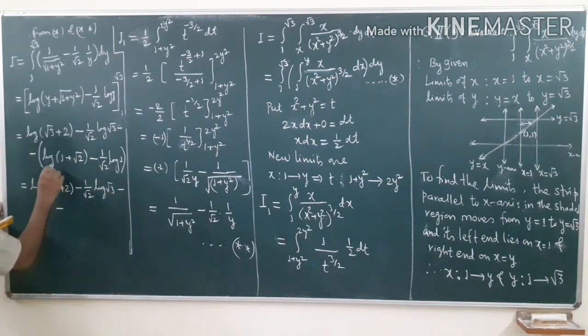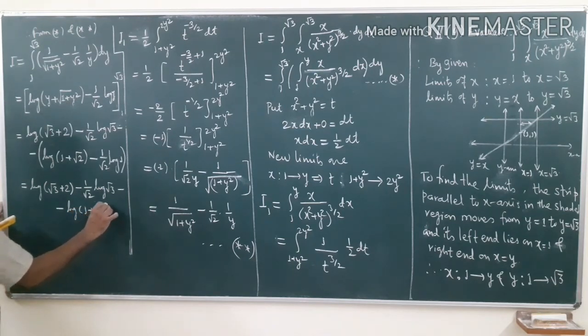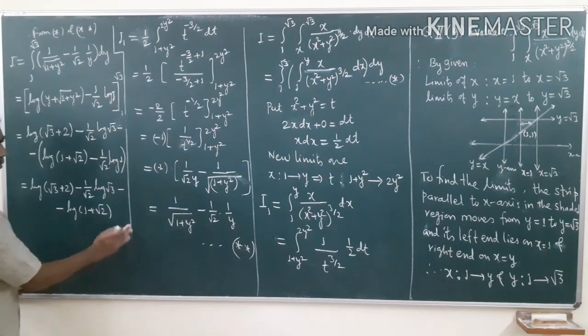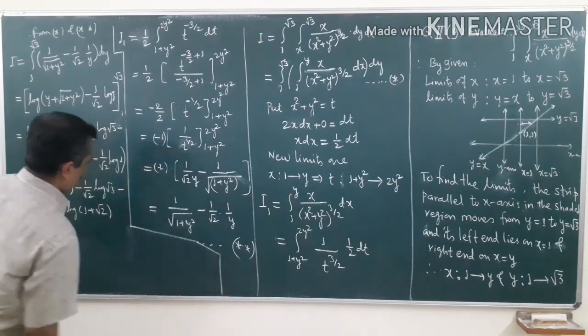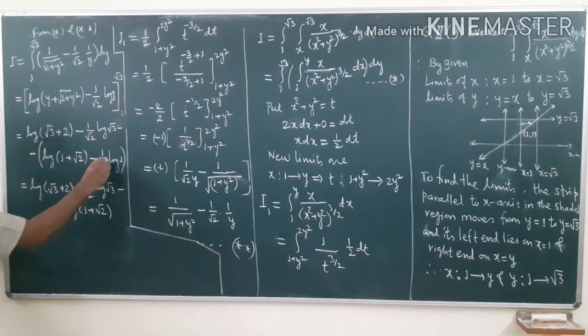minus log of 1 plus root 2, and log of 1 is 0, so there is no problem of having the term log 1 here.